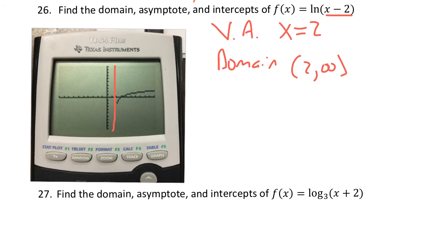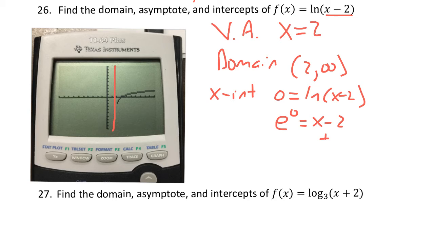And the x-intercept can be found by letting y be 0, and turning that into an exponential. So e to the 0 equals x minus 2, e to the 0 plus 2. 1 plus 2 is 3.